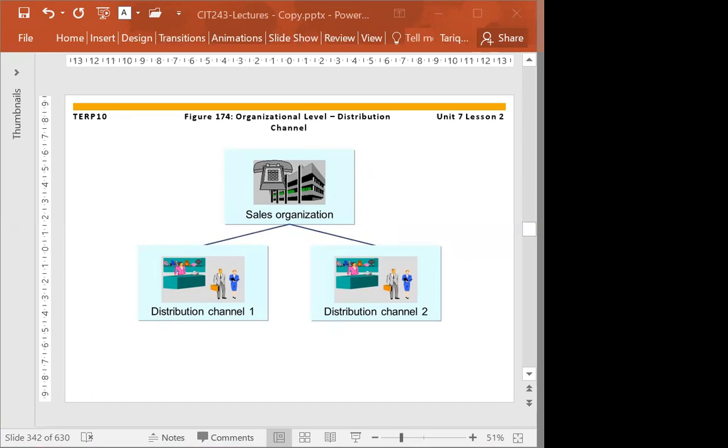Now, we have distribution channel. Distribution channel is like a way we are classifying our customers. Some are online customers, some are retail customers, and some are wholesale customers. So with the help of distribution channel, we are classifying our customers.